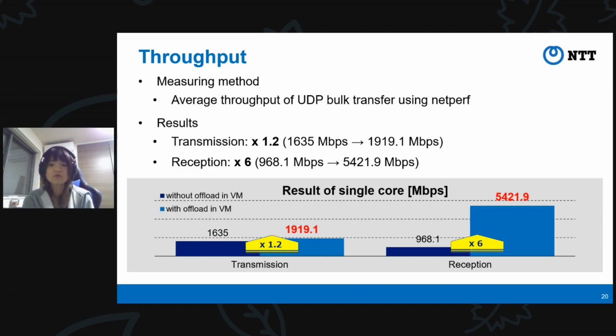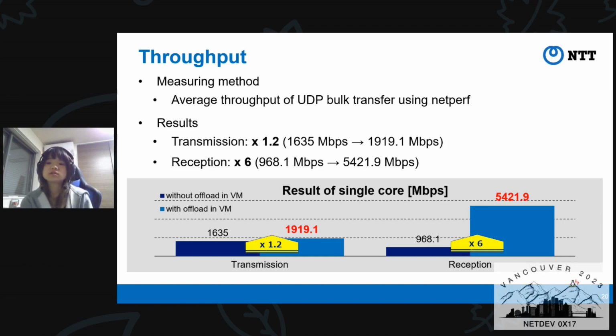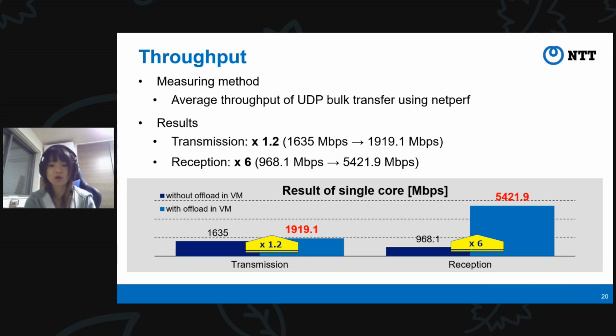Transmission performance in the target with offload in VM is about 1.2 times as large as the one without offload in VM. And reception was 6 times better than without offload in VM.